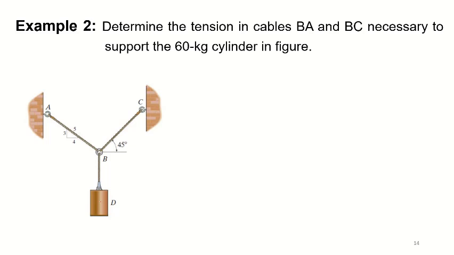The mass of this cylinder is 60 kilograms. Since it is hanging, these two cables are in tension, so this system is in equilibrium. We need to determine the tension in this cable and in this cable.